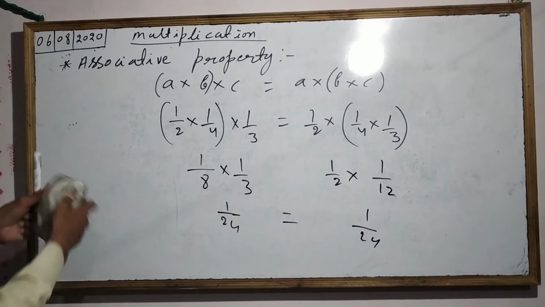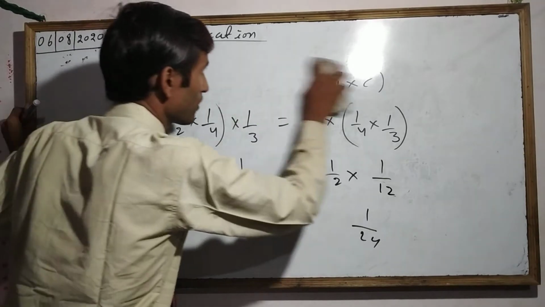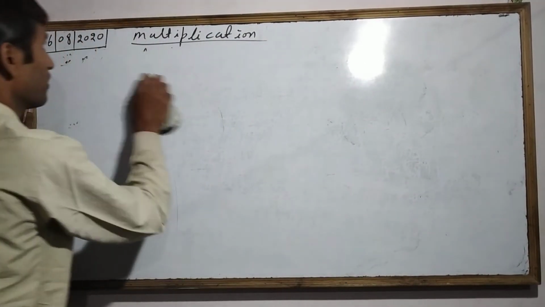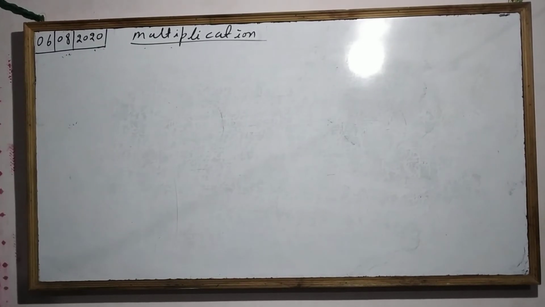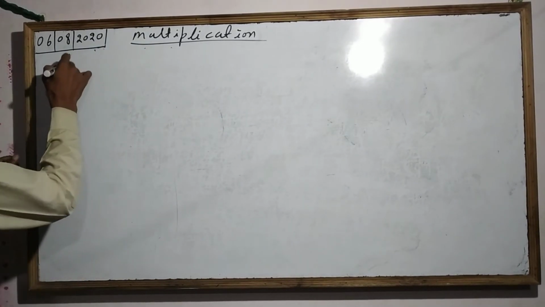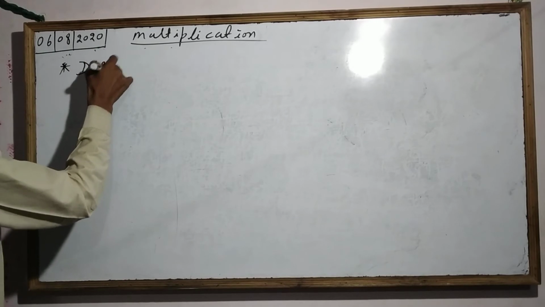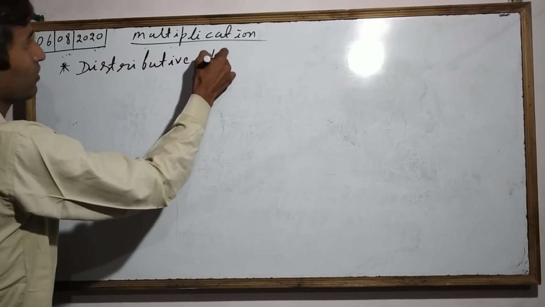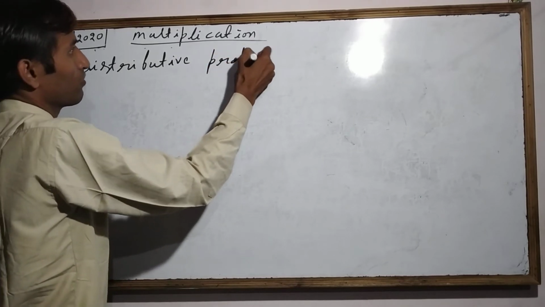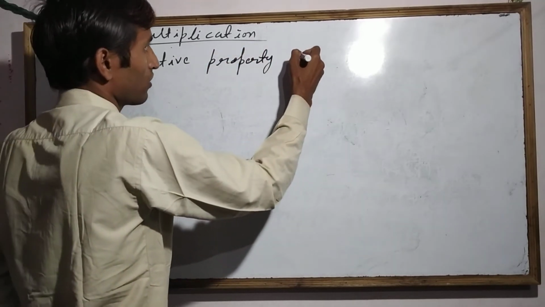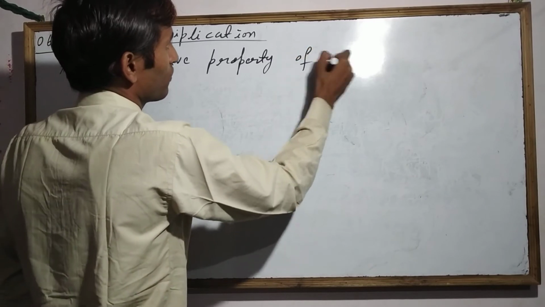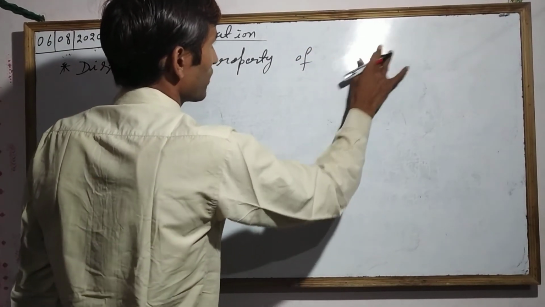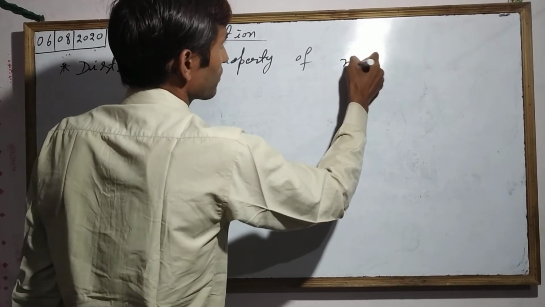And next one is our distributive property, that is the last property. Distributive property of multiplication over addition.